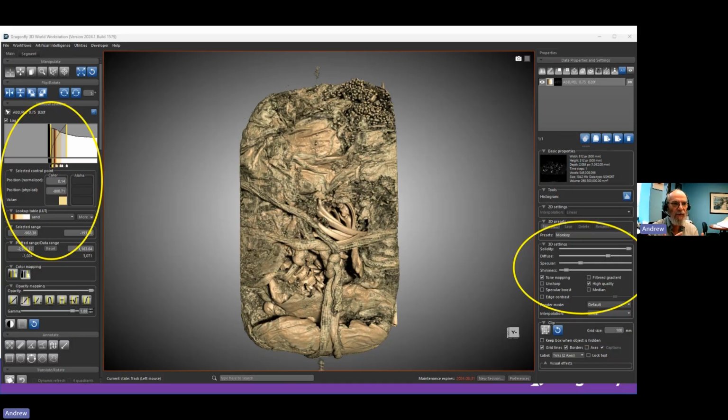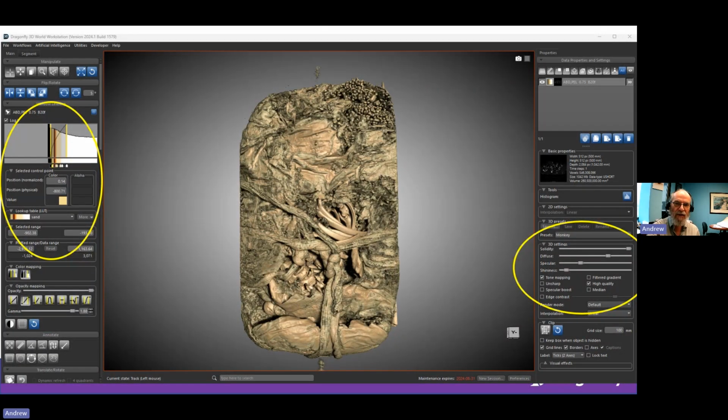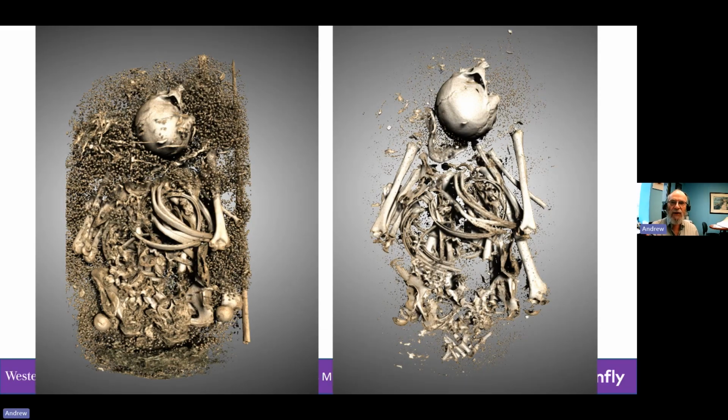It's been really interesting to watch Dragonfly evolve over the years, and the increase in the sophistication of the controls that we have in these areas has been a real boon in terms of our being able to visualize the data sets. And just to give you an idea, that's the 3D view of window and level, so that you can see the textiles and everything on the outside of the bundle. This will give you an idea of what we actually start to see inside it as we window and level away the textiles.